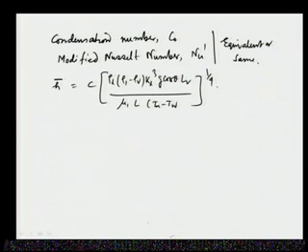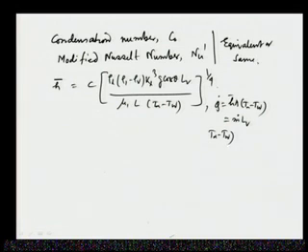For doing that, we have already seen that Q dot is nothing but H bar A into T infinity minus T W. So, this T infinity minus T W will be replaced in terms of H bar and m dot, and that is equal to m dot into L V, the latent heat of vaporization. So, from here we can say that T infinity minus T W is nothing but m dot into L V by H bar into area.